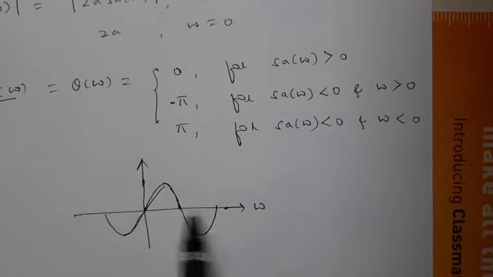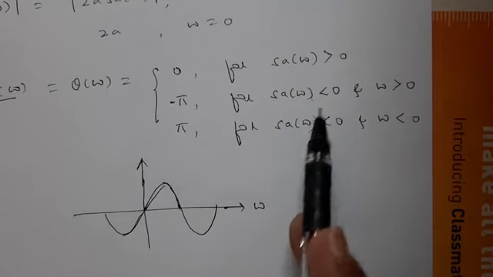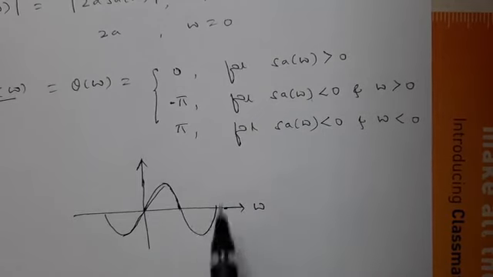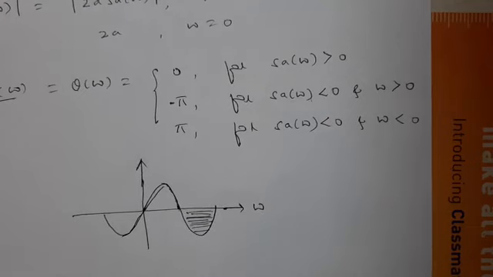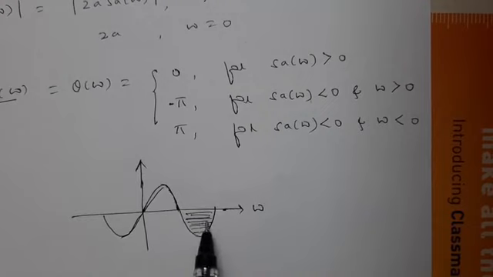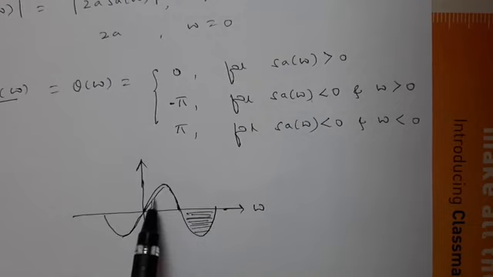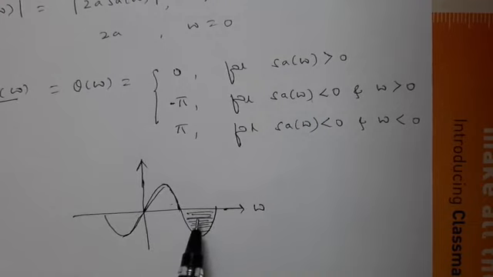Omega greater than 0 and Sa of omega, if I plot this, which is less than 0, so somewhere here. Am I right? So this is your cycle, this is your value. By what value has your theta of omega shifted from this to this?